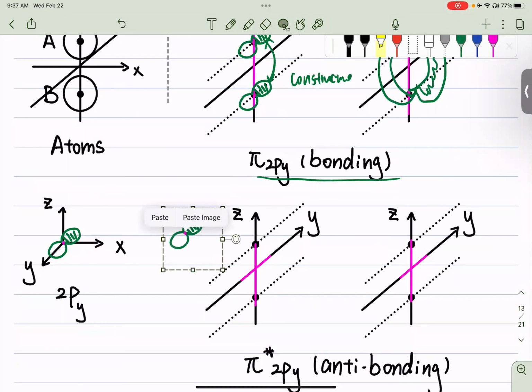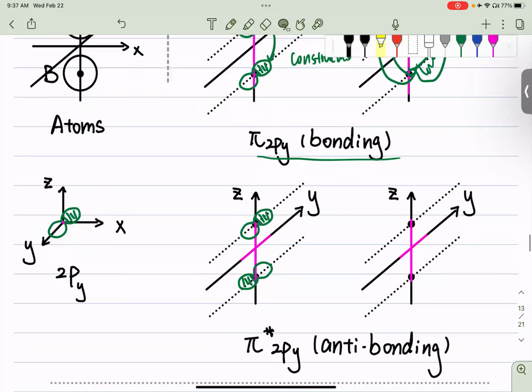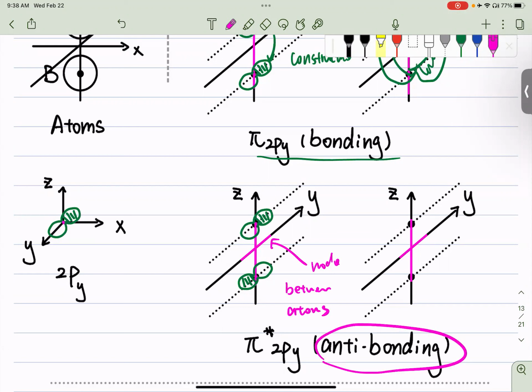Alternatively, we could also have the pi star atomic orbital. What that means is we're constructing it, we're having these atomic orbitals lined up via a destructive fashion. So we're having an additional node between atoms, meaning this is an anti-bonding molecular orbital.